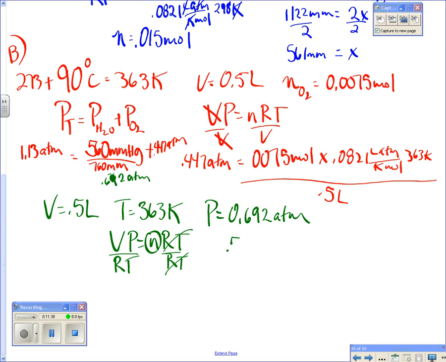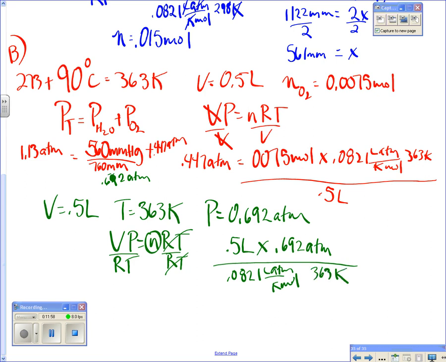So 0.5 liters. P, 0.692 atmospheres. R, 0.0821. And T, 363. So I always like to do a little double check to make sure I have the right units.